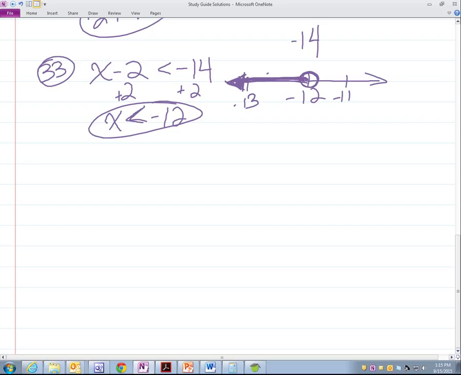Not to be confused with like x minus 14. That'd be a positive. Well, yes, it's minus a positive 14. Don't confuse an operation with a sign of negative and positive. Don't overgeneralize that.